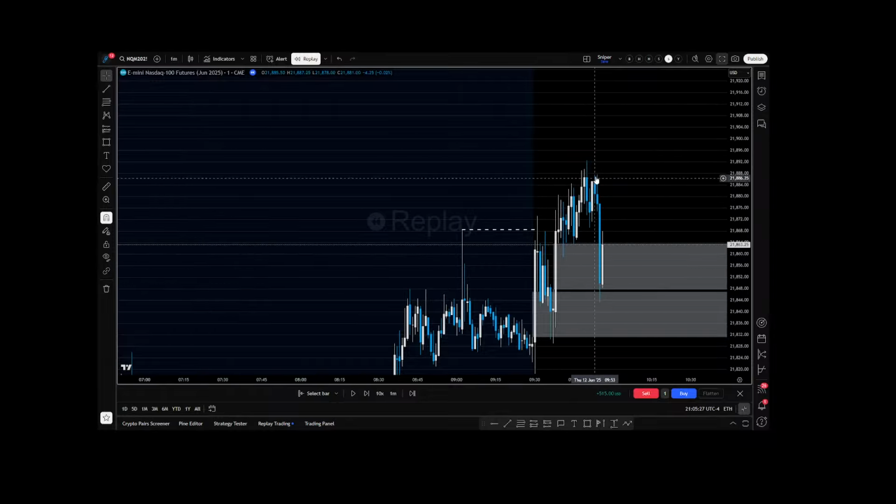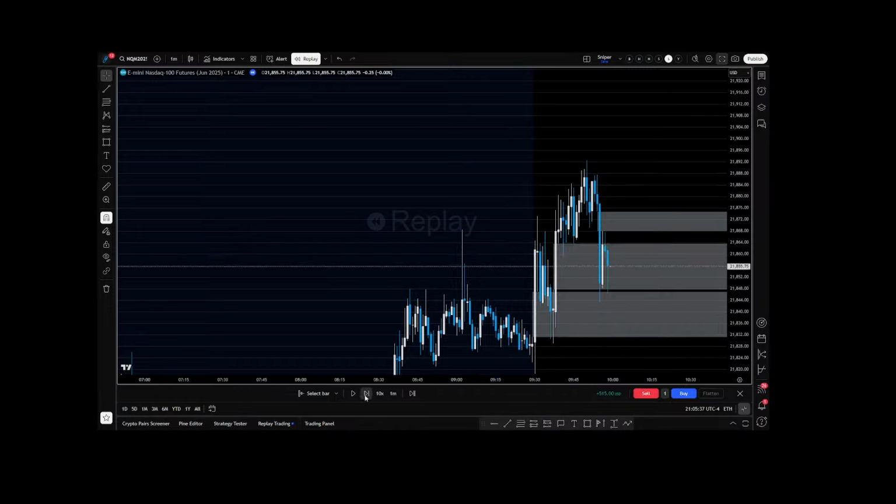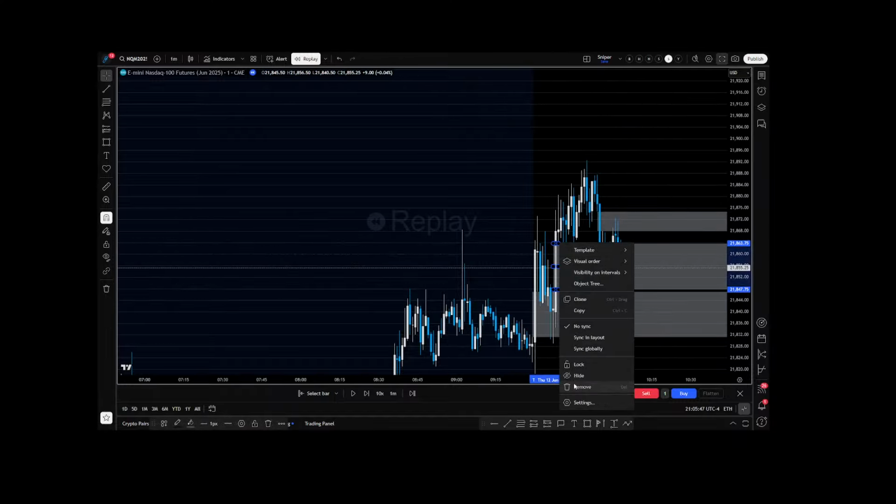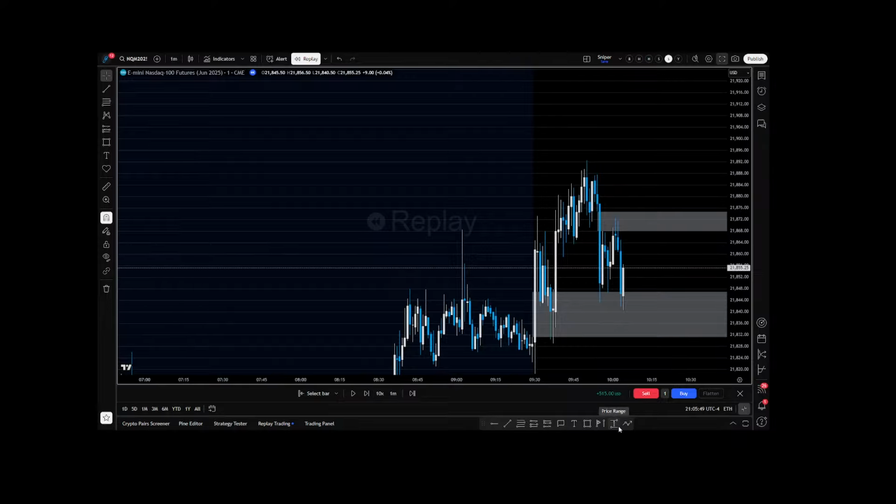Okay, and again, there's a big move to the downside, but no setup there. Okay, we did inverse this, but that was after tapping this lower 1 minute fair value gap. Nothing to do about that.